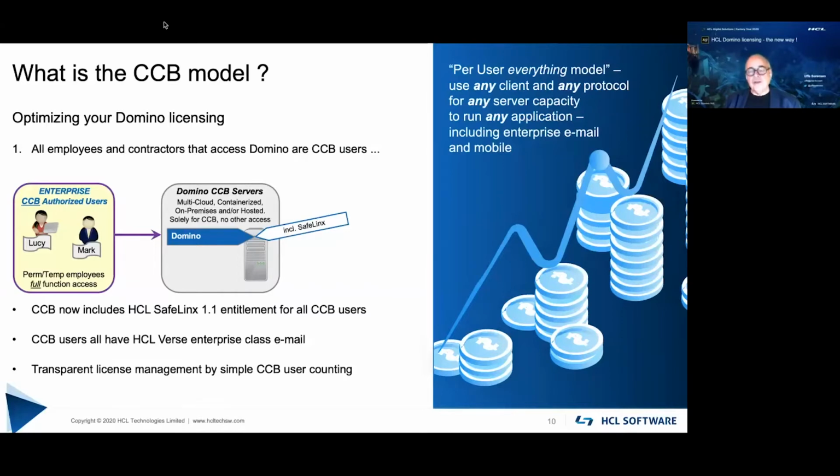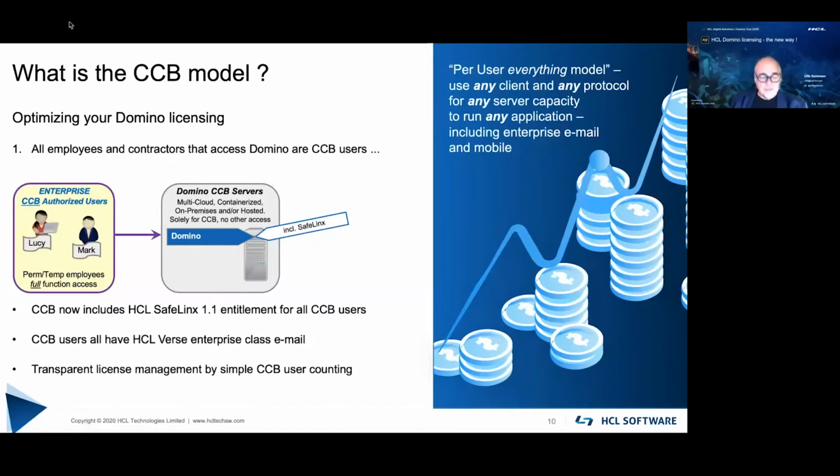One of the things that we're doing is making this a base for various add-ons. One of the things that we have already included in this, as you can see on the slide, is that CCB licensing Domino now adds SafeLinks 1.1 to all CCB users.